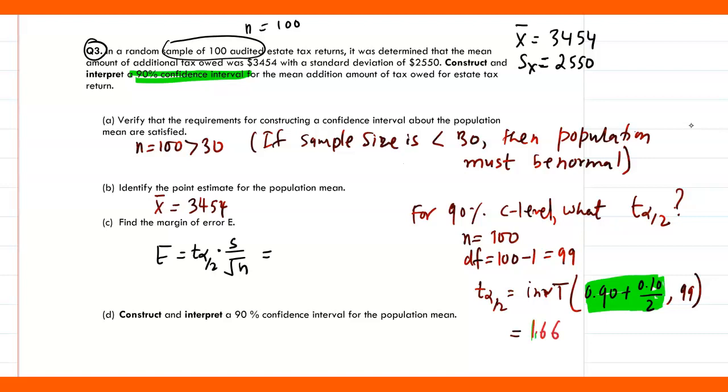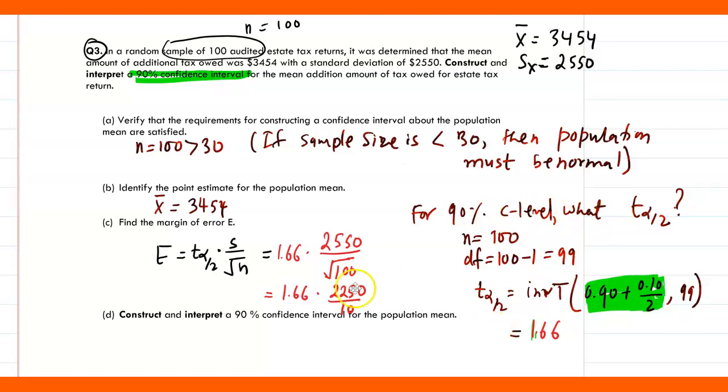Now let's put this value into the formula. 1.66 times s, which is 2550, as you can see over here, divided by the square root of 100. Makes sense? All right, and if you do the math here, what's the value of this going to be? 1.66 times 2550 divided by 10.